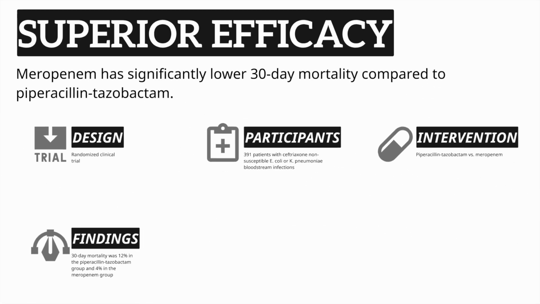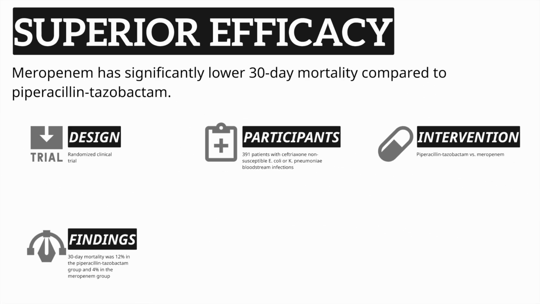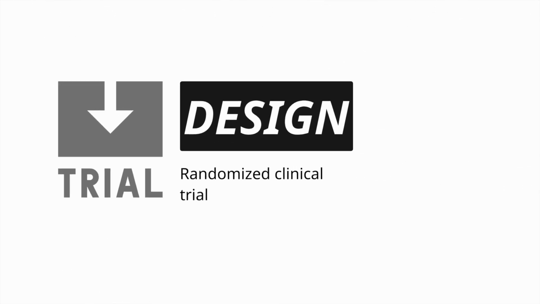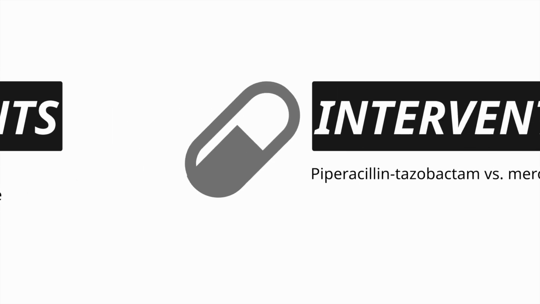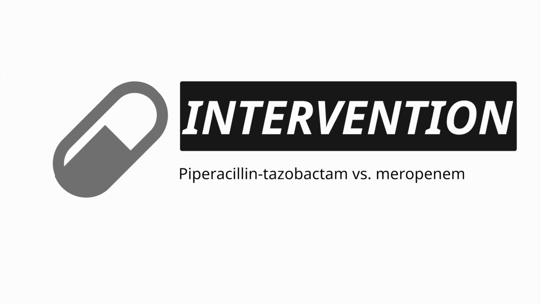We will see why. Meropenem had significantly lower 30-day mortality compared to piperacillin tazobactam in an RCT which had 391 patients with ceftriaxone non-susceptible E. coli or Klebsiella pneumoniae bloodstream infections. Now, the intervention, as we have seen, is piperacillin tazobactam versus meropenem.